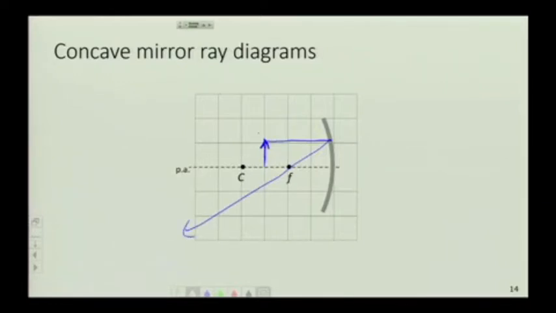The ray that is going through the focal point will reflect parallel. You see where they meet, is roughly speaking over here.